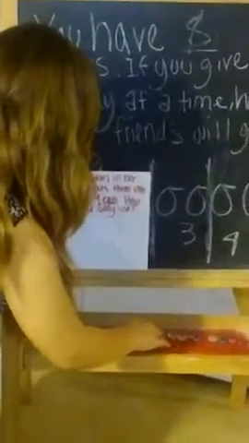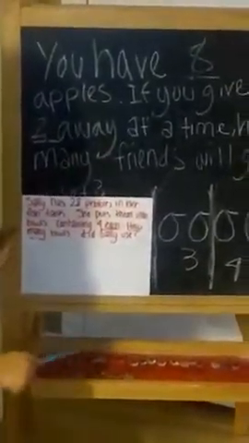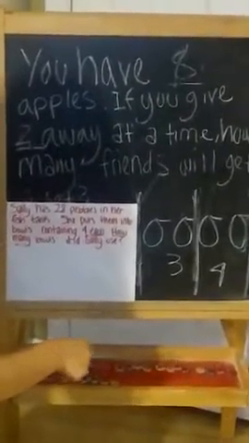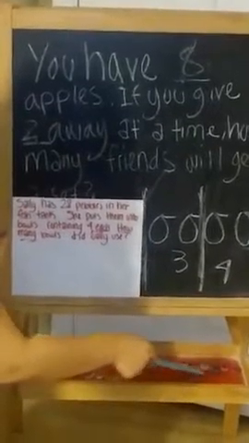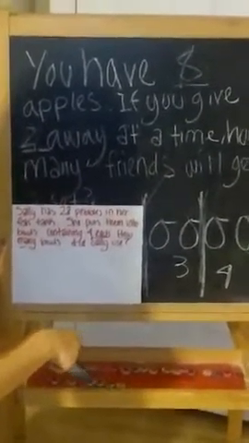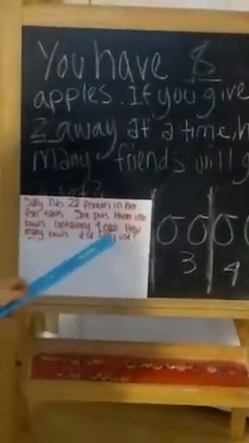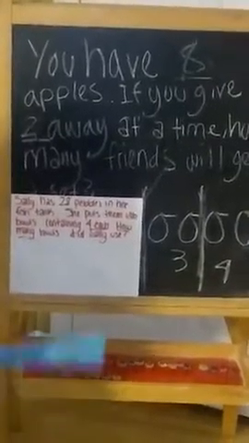I'm going to draw a line and one more line here. So how many do we have all together? 1, 2, 3, 4, 5, 6, 7. That's the number of bowls that Sally needs if she wants to put 4 in each bowl. And that's how we do it.